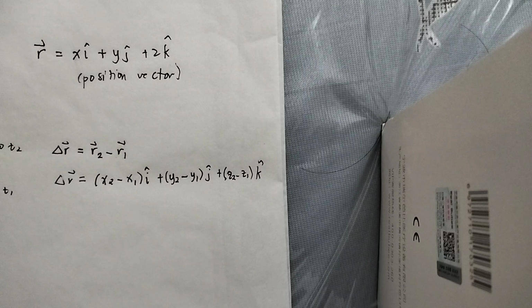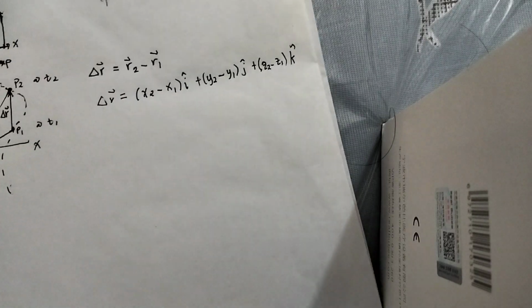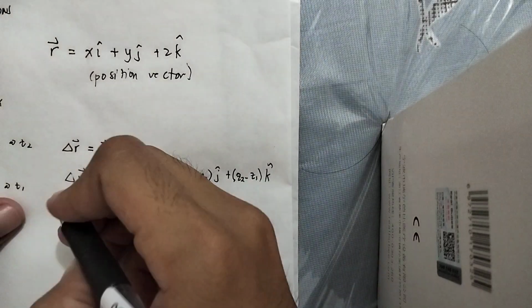We can also define another quantity, which is the average velocity, like the previous example, which was only a 2D system. Velocity is still the change in displacement over time, but in this case it is 3D.